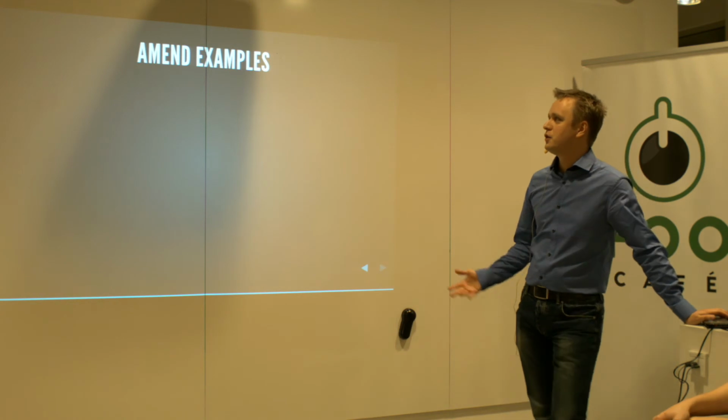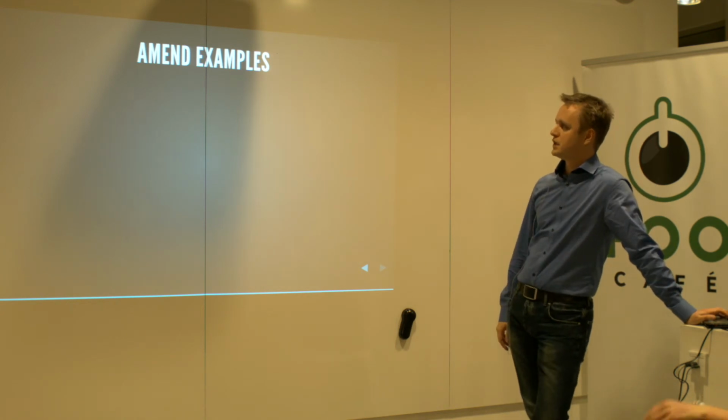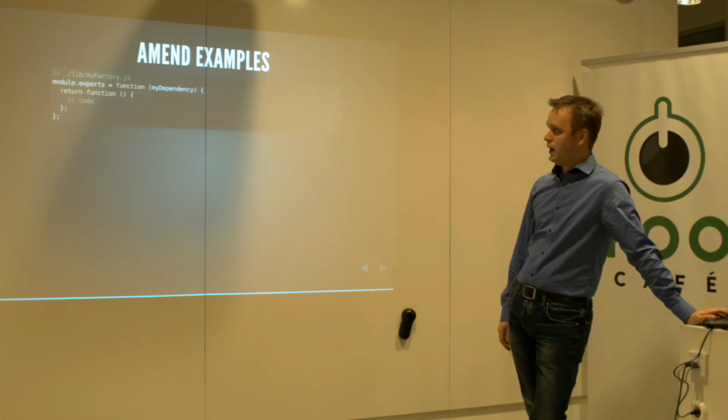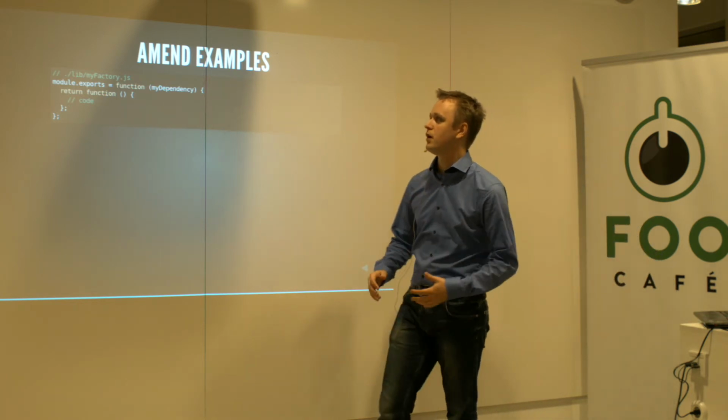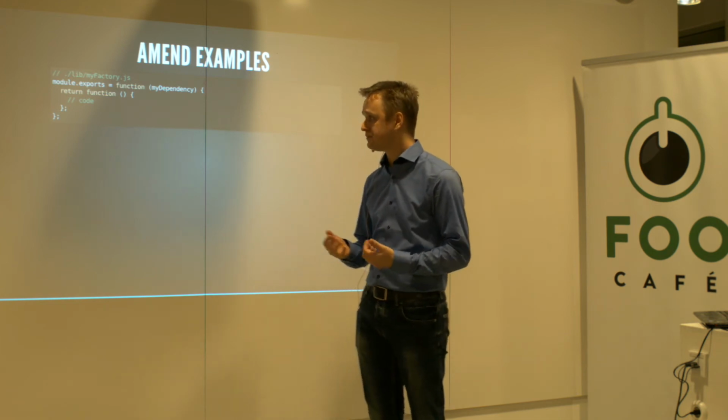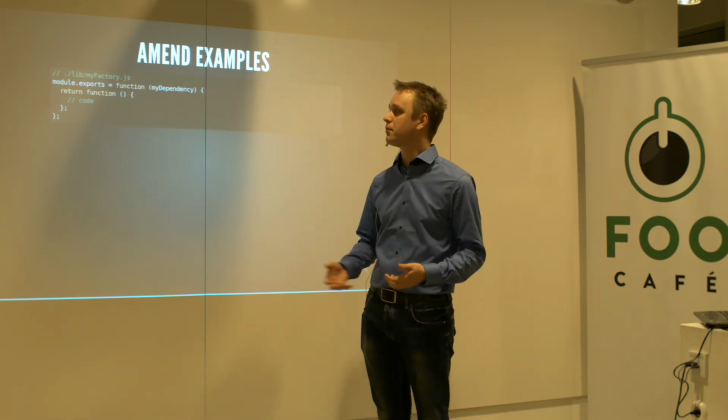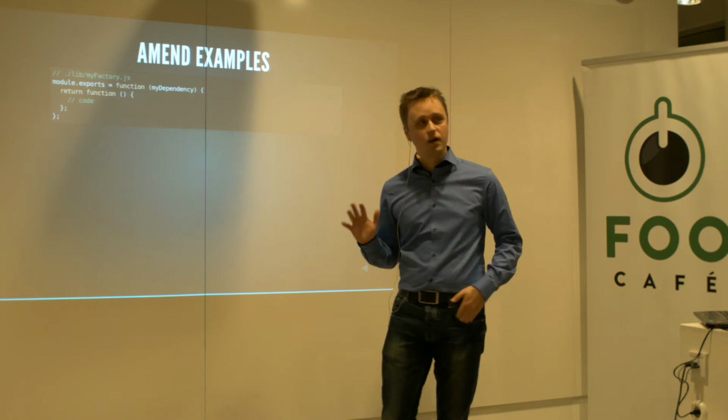So how do you write your stuff using Amend? There are three different types of modules you can create. First one is a factory. This is inspired by Angular, but a little different.